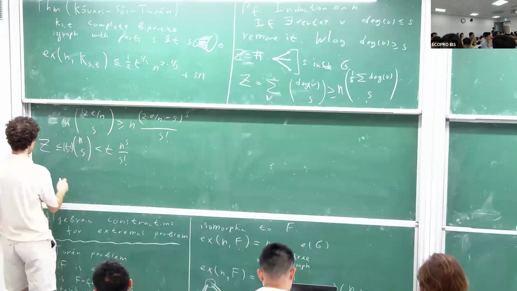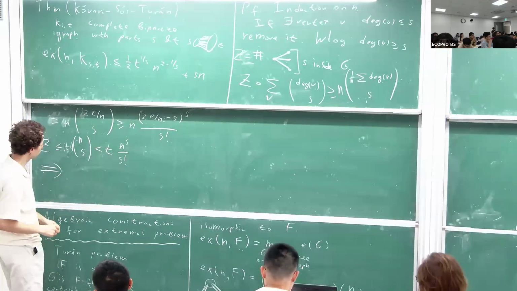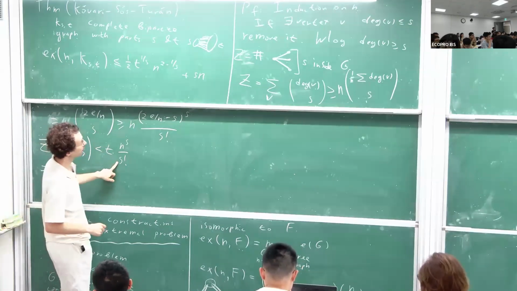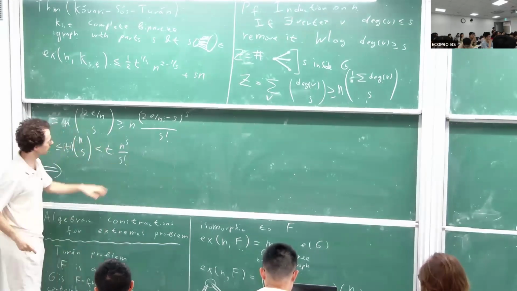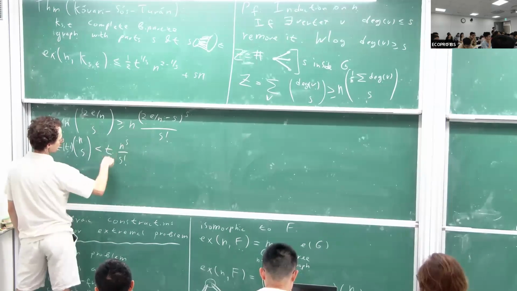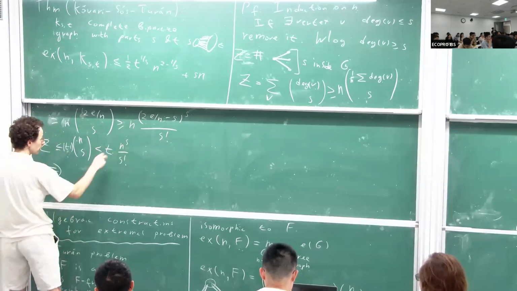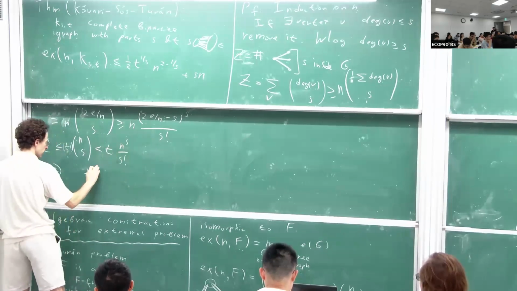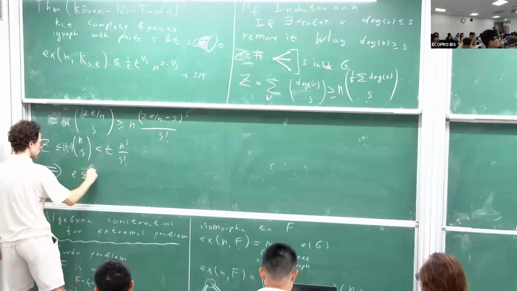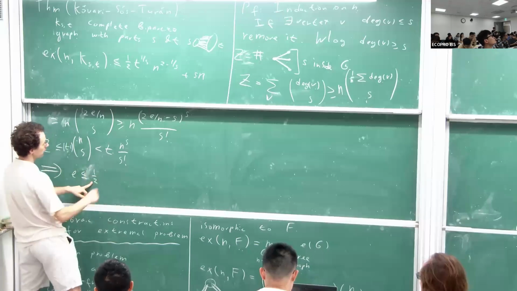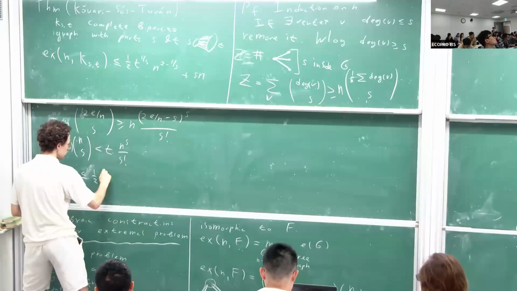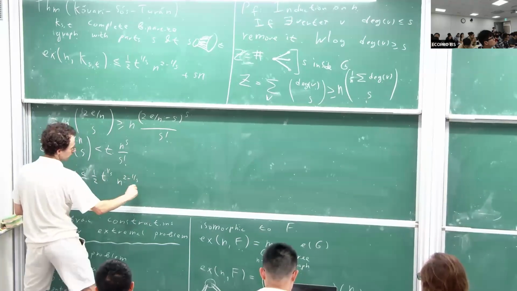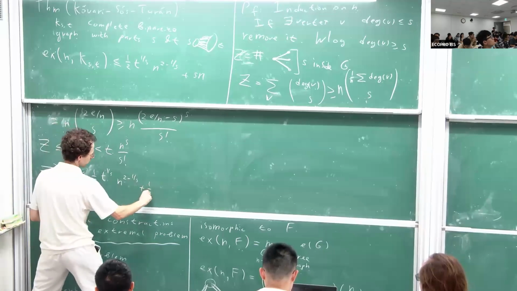Put this together, what I'm left with is, okay, s factorials cancel. I move n around, take the s-th root, so okay, I'm going to get the number of edges is going to be at most a half times t to the power 1 over s, n to the 2 minus 1 over s, plus a half n.